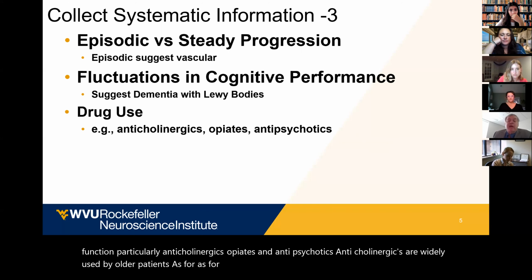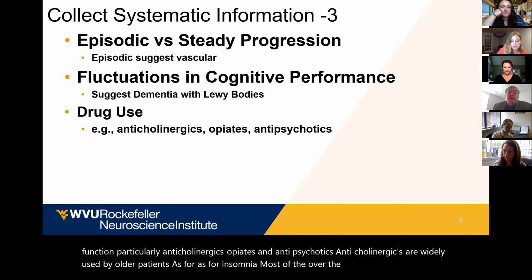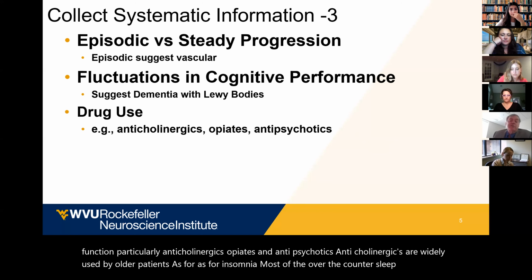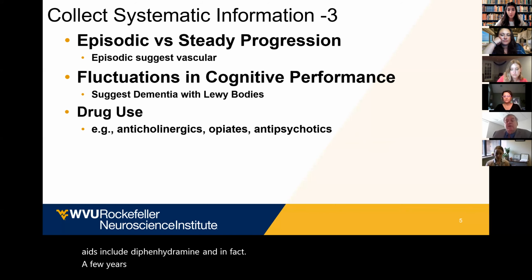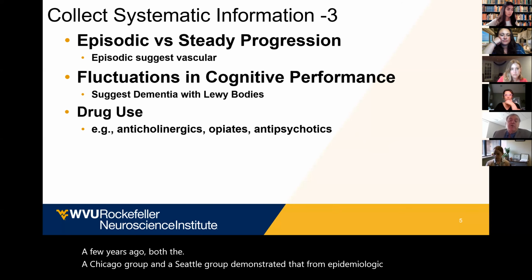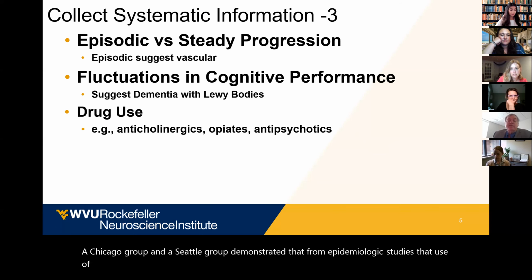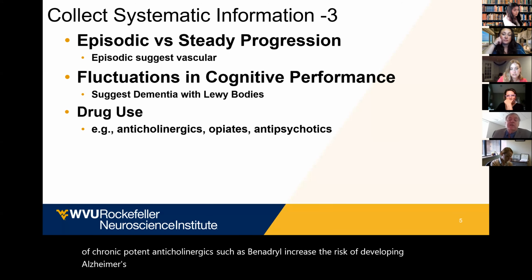Most of the over-the-counter sleep aids include diphenhydramine, and in fact, a few years ago, both a Chicago group and a Seattle group demonstrated from epidemiologic studies that use of chronic potent anticholinergics such as Benadryl increase the risk of developing Alzheimer's disease. And it clearly can interfere with cognitive function in the short term.